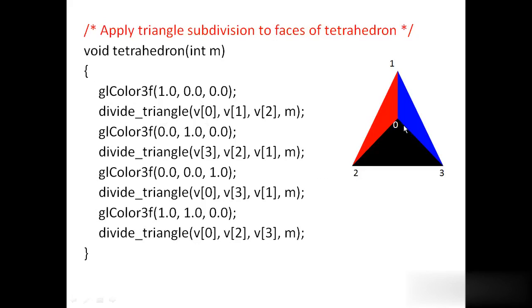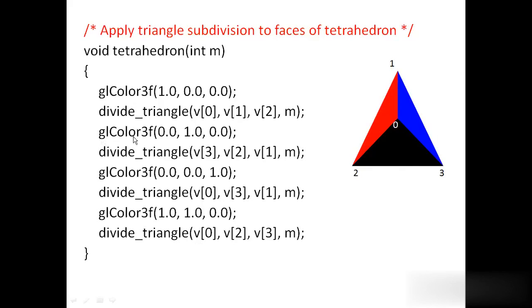Now the first face, if you are able to see here, we are considering v of 0, vertices 1, vertices 2, and m. As I have numbered them 0, 1, 2, 3, the first face can be visualized as 0, 1, 2.